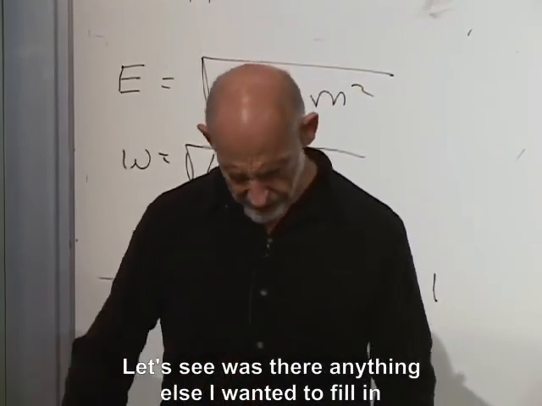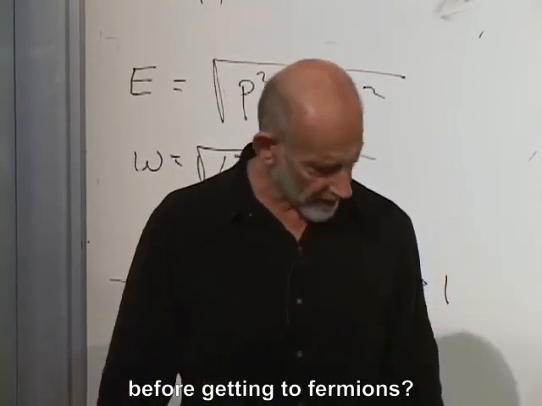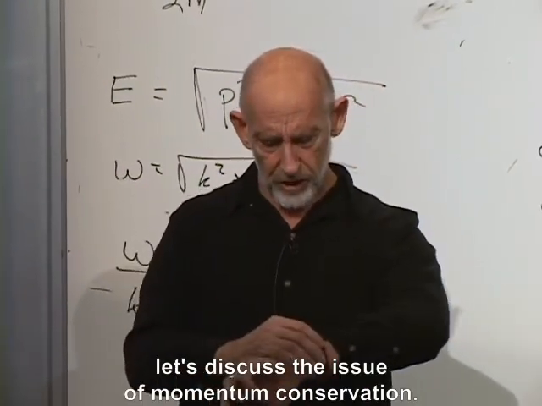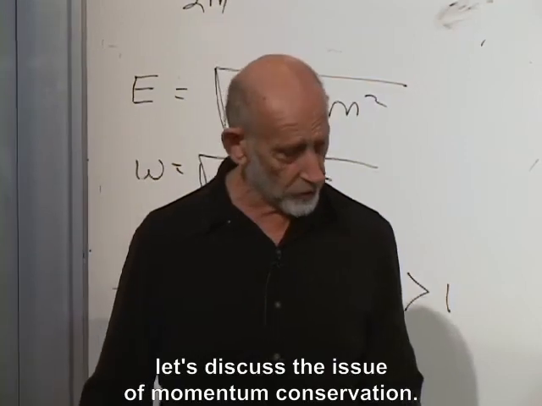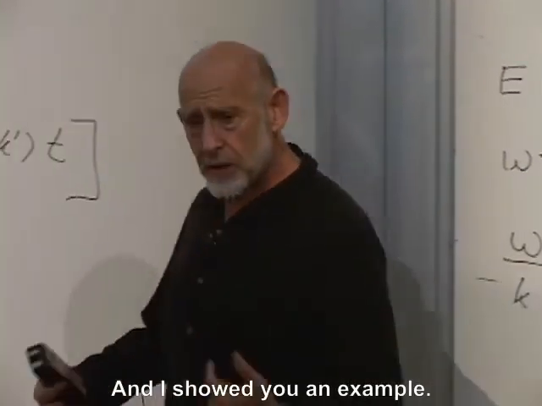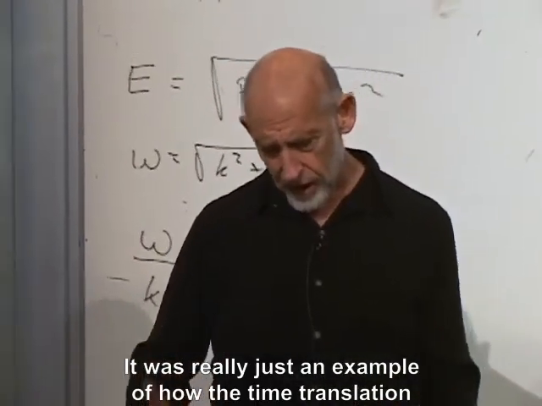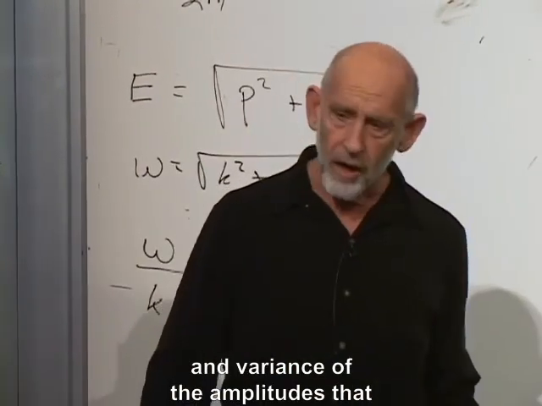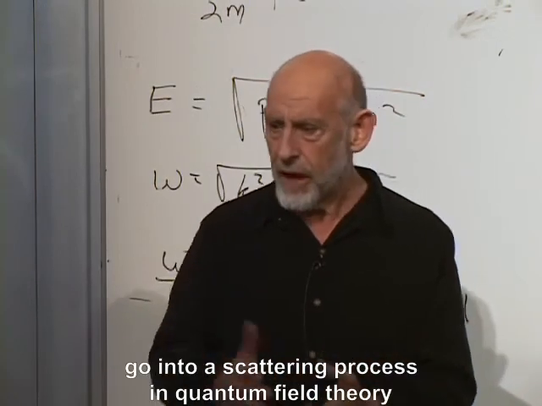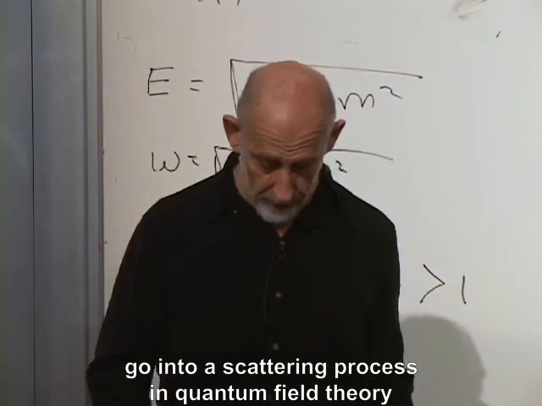All right, let's see, was there anything else I wanted to fill in before getting to fermions? Yeah, before getting to fermions, let's discuss the issue of momentum conservation. We discussed the issue of energy conservation, and I showed you an example, it was really just an example, of how the time translation invariance of the amplitudes that go into a scattering process in quantum field theory conserve energy.